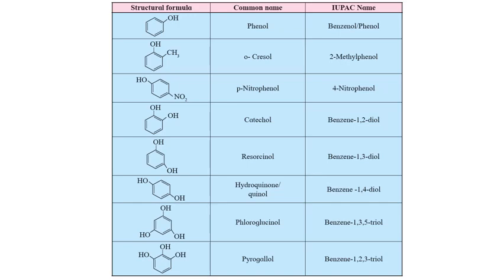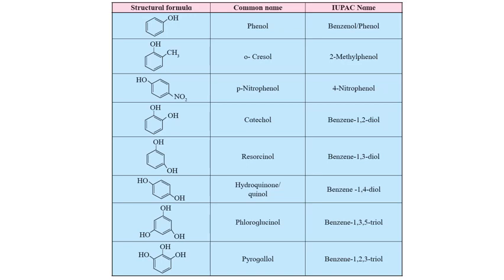Common name of the compound is orthocresol and IUPAC name is 2-methylphenol. Third example, an OH group is attached to the first carbon atom of the benzene ring and an NO2 group is attached to the fourth carbon atom. The common name of this compound is para-nitrophenol and the IUPAC name is 4-nitrophenol.